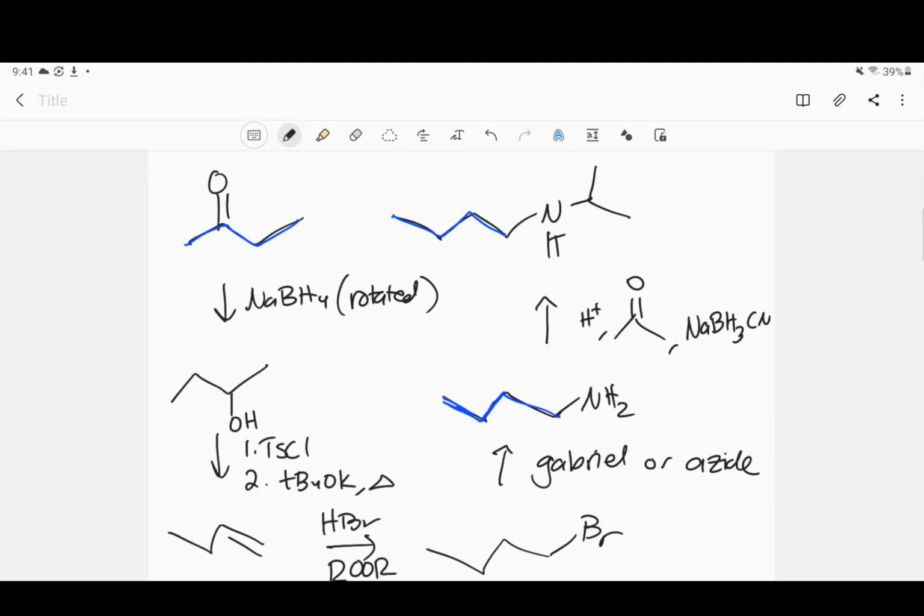Since there's no priority functional groups here, you'd want to name whichever side will give you the most substituents. You want to put your stuff on the lowest possible numbers, so you want to have the lower numbers.